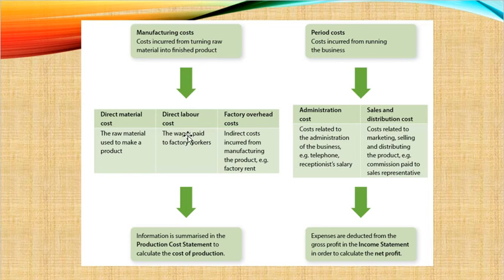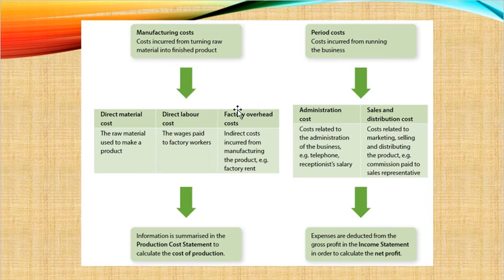Then direct labor, that's the wages that you pay to the workers that physically touch your product, that physically manufacture it. So the material and the labor directly involved in the manufacturing of the product are your 2 direct costs, your direct material and your direct labor.